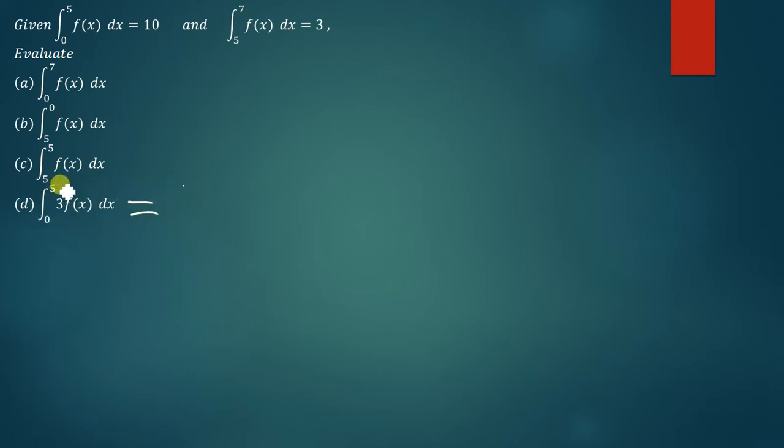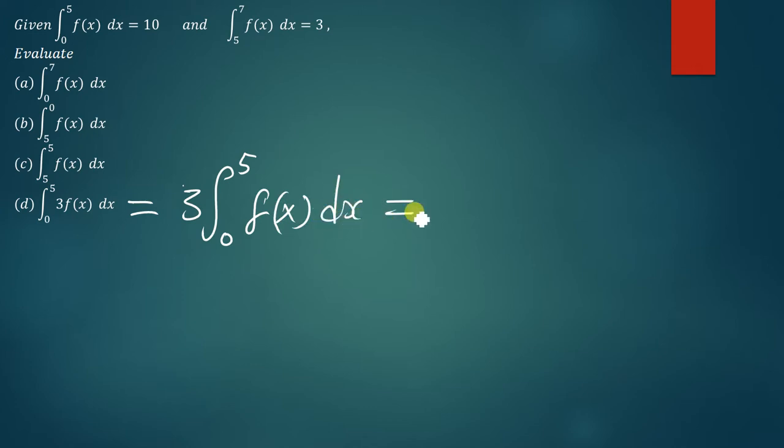We have the integral with upper limit 5 and lower limit 0, but there is a constant there, which is 3. So we can put the 3 outside, and then the integral is 10 in brackets, and we get 30 as the solution.